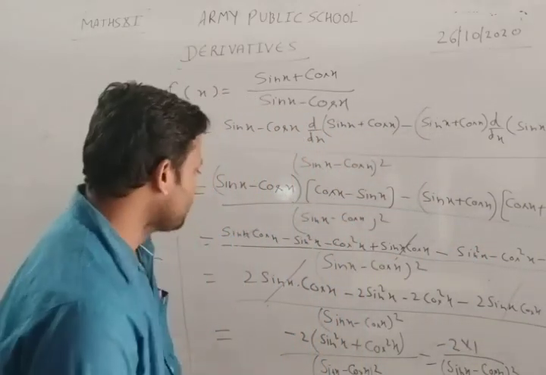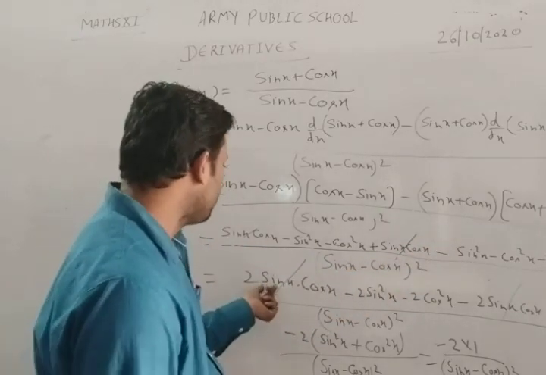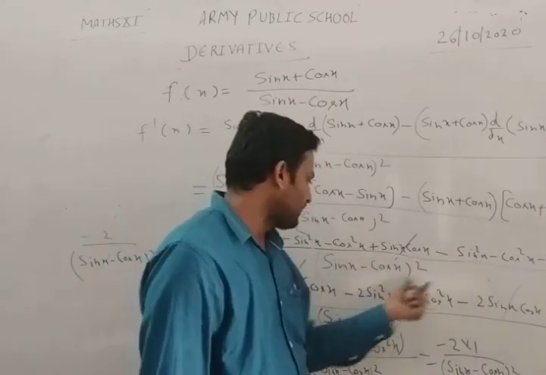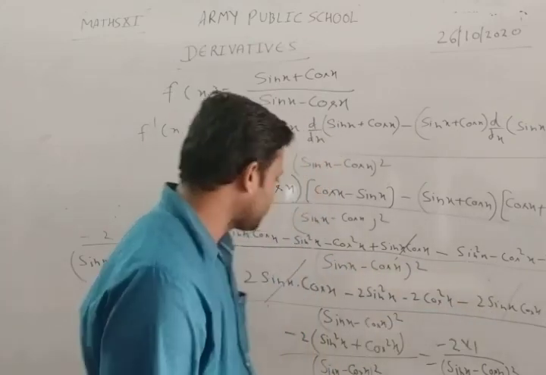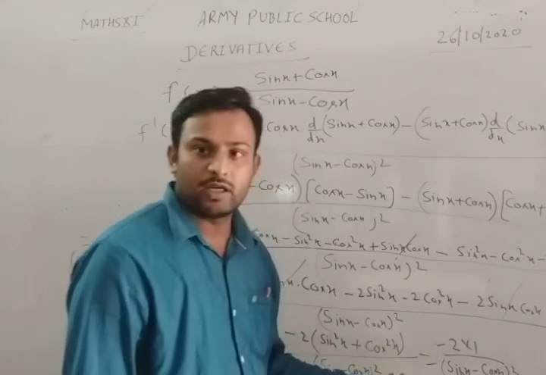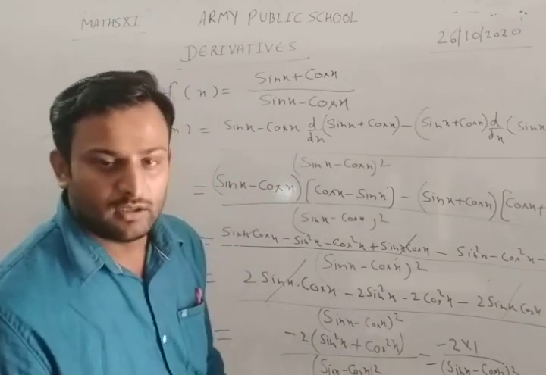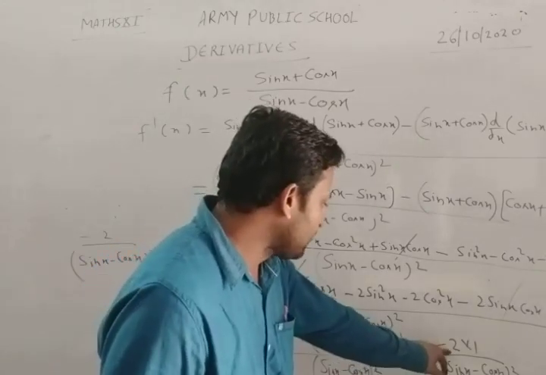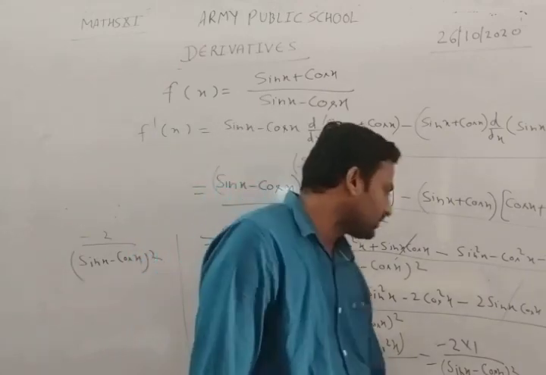Okay, now this term will be added, so we write 2, and here is a negative sign, so it will cancel, and this sin square, minus 2 sin square x, cos square, minus 2 cos square x, so minus 2 is common, so we get sin square x plus cos square x. Okay, so you know the identity that sin square x plus cos square x is 1, so we write minus 2 into 1, and in the denominator sin x minus cos x whole square.